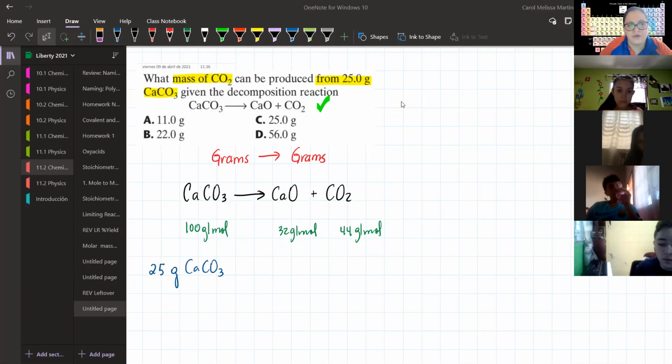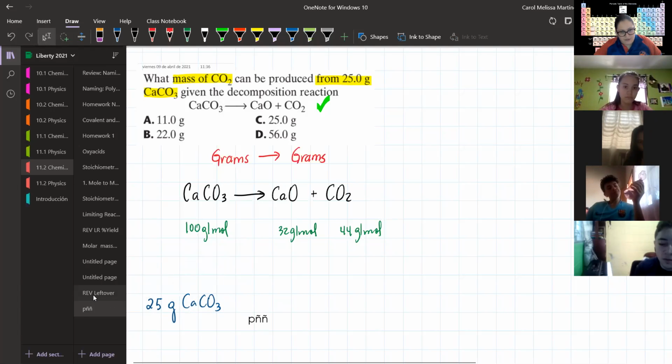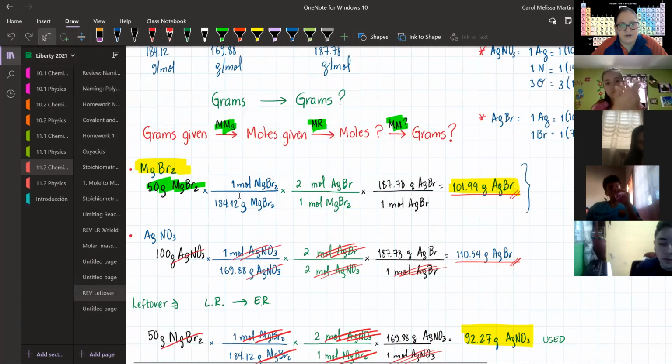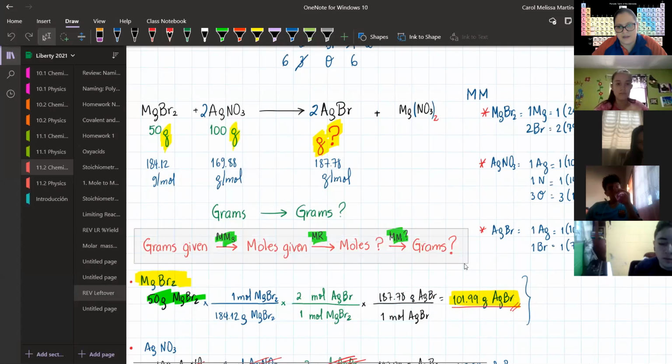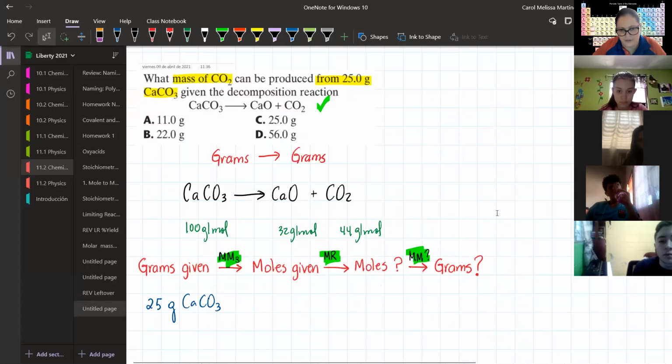You know that when we have this kind of process that is grams to grams, we need to write the path. So I'm just going to bring the path from another exercise and paste it. That's the path. From grams given to moles unknown to grams unknown.